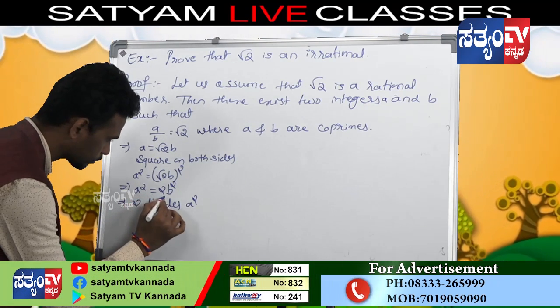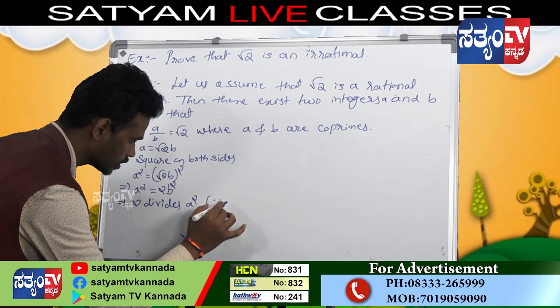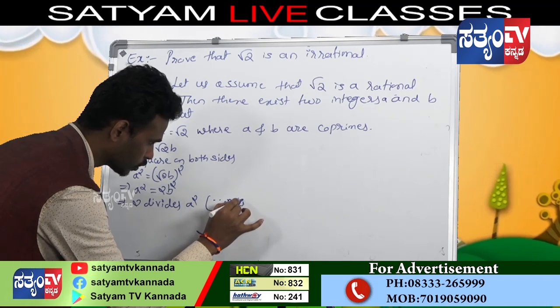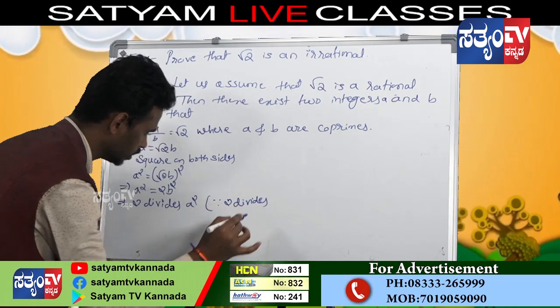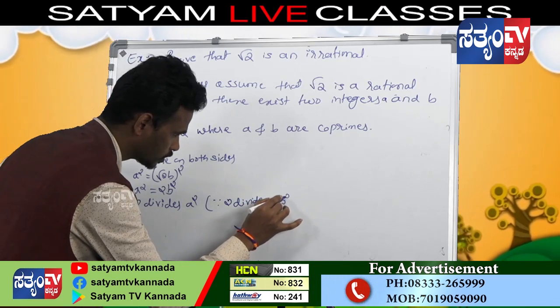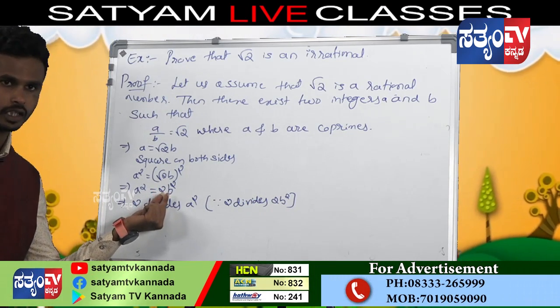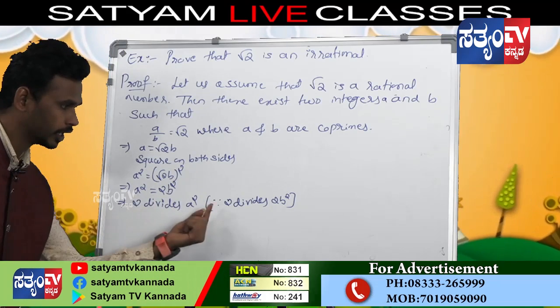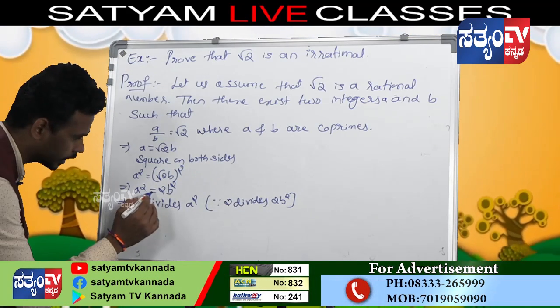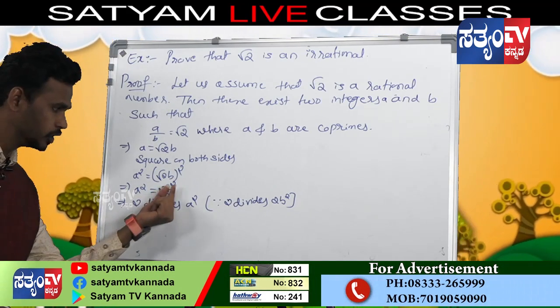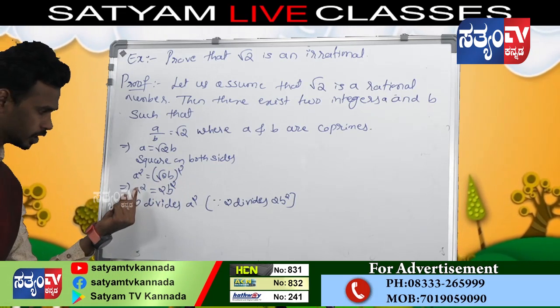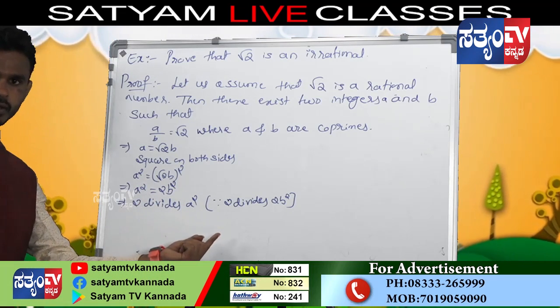Since 2 divides 2B square, because 2B square is a multiple of 2, hence 2B square is divisible by 2, and here equality is there. So if 2B square is divisible by 2, then A square must and should be divisible by 2.